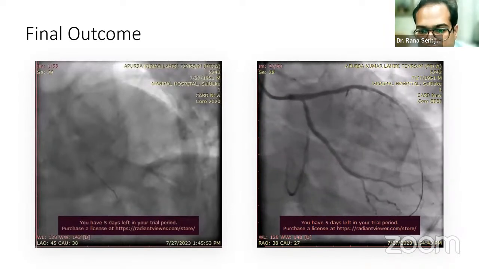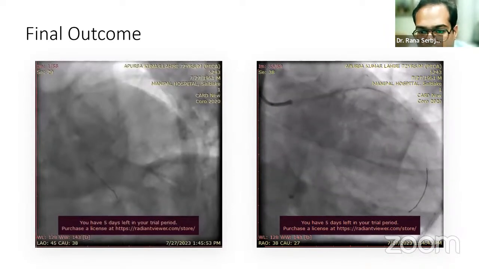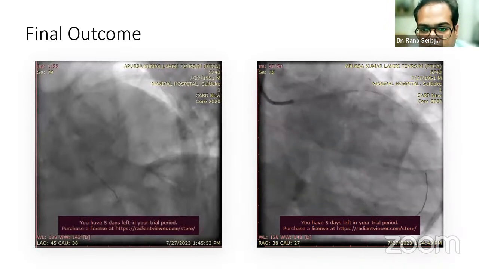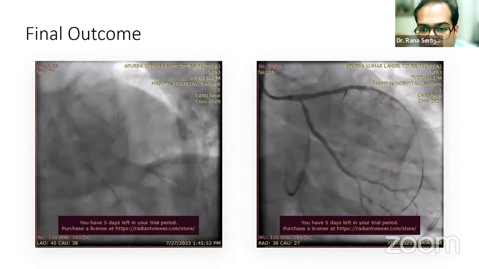We thought that the flows are very good in all the vessels, and that's why we just went ahead with this one.